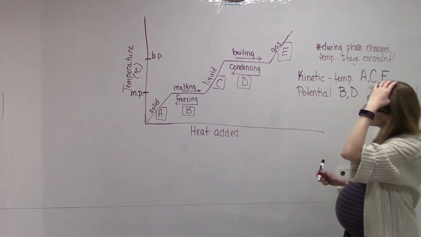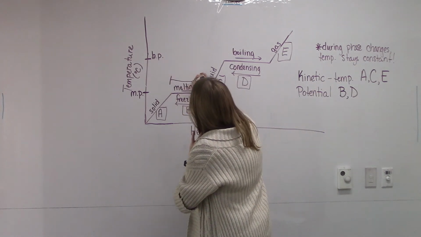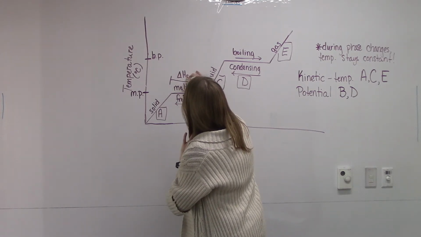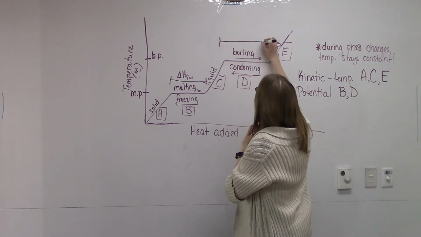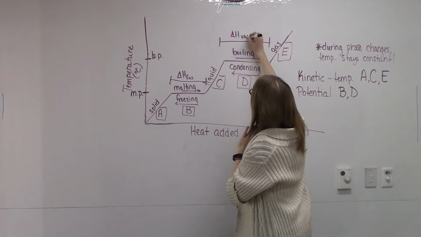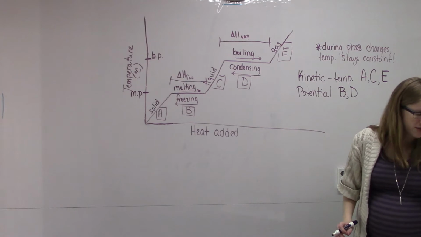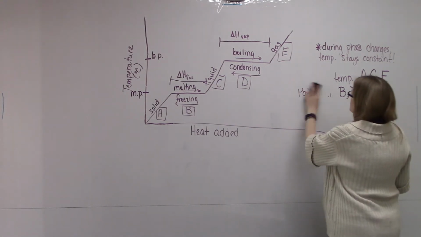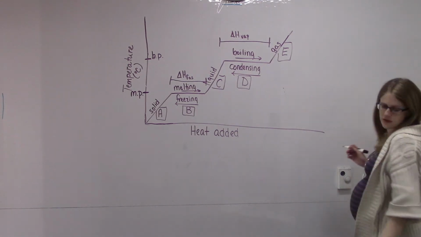Okay, there are two new words right here. That is delta H of fusion. Whereas this right here is the delta H of vaporization. Now, I'm going to erase my stuff about potential and kinetic energy, so I've got some room here to talk about delta H of fusion and delta H of vaporization.